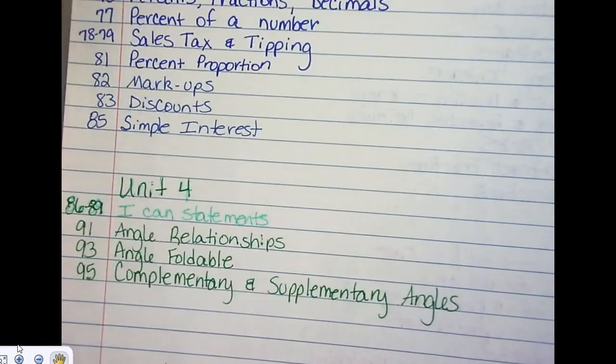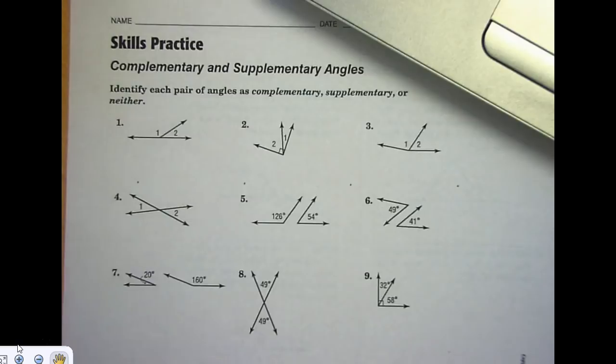Once you get caught up, we're going to look at the skills practice. On the skills practice, 1 through 9, all you're going to do is identify if the angle pairs are complementary, supplementary, or neither.